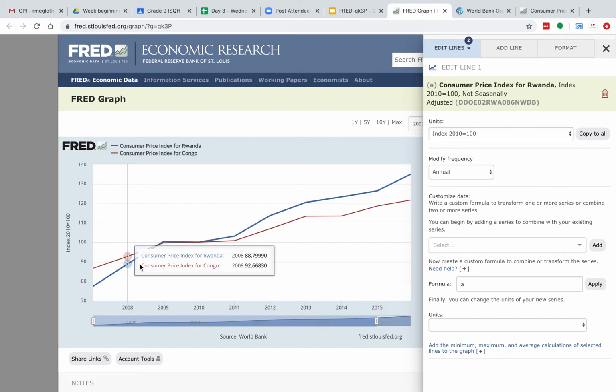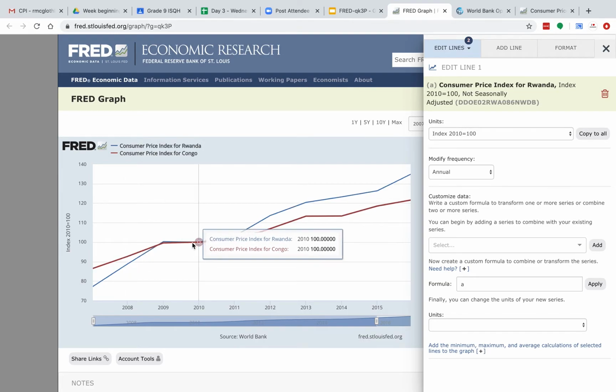That's one of the nice things about an index: because it's from 100, you can just subtract the difference. So 100 minus 92.66 is about 7.3, and that is the percentage change. So that's very useful as long as we're referring to the base year.